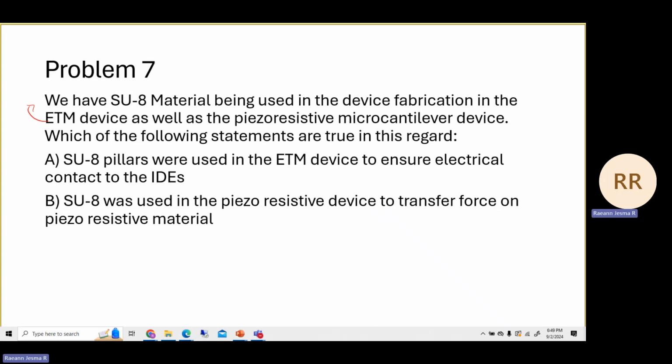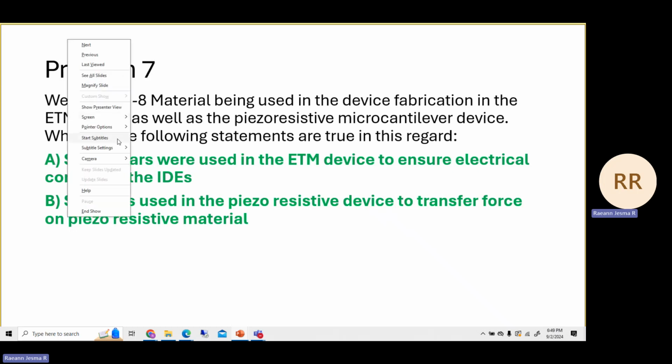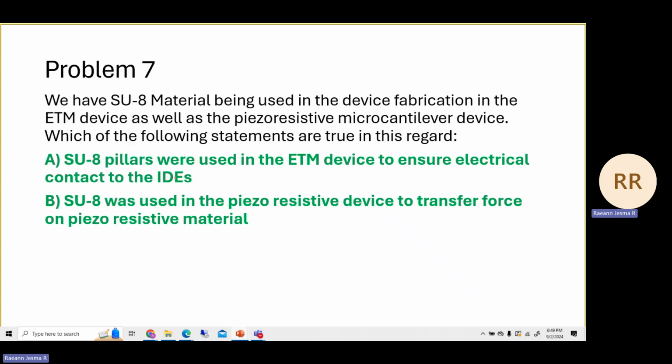Okay. So the correct answer is option B. In the case of no, the correct answer is both option A and B. If you look at option B, in the cantilever structure, we had some SU8 pillars which were used to transfer the force from the tissue.